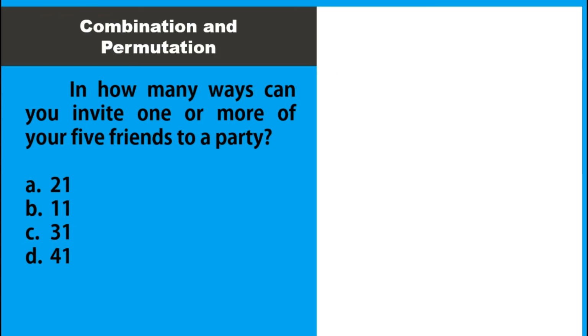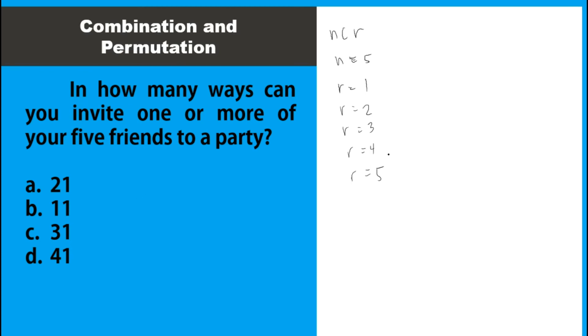In how many ways can you invite one or more of your 5 friends to a party? So we have nCr, and for n you have 5. But the problem states that you can invite one or more of your 5 friends, meaning you can take r as 1 at a time, 2 at a time, or 3, 4, or 5 at a time.